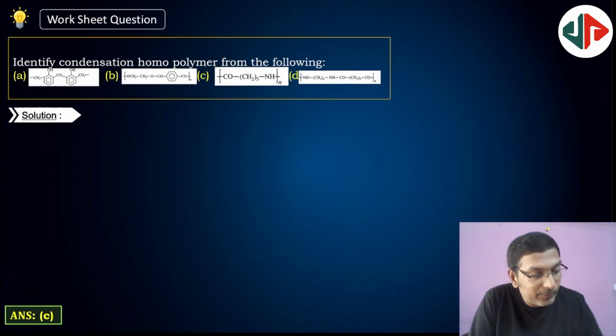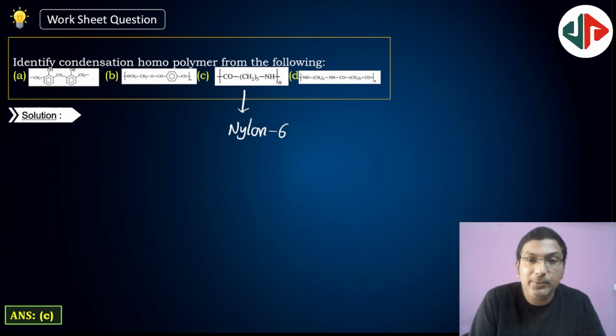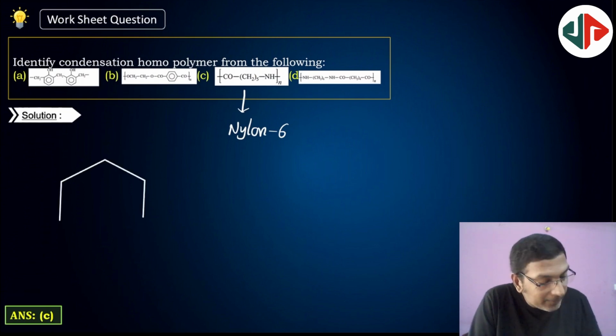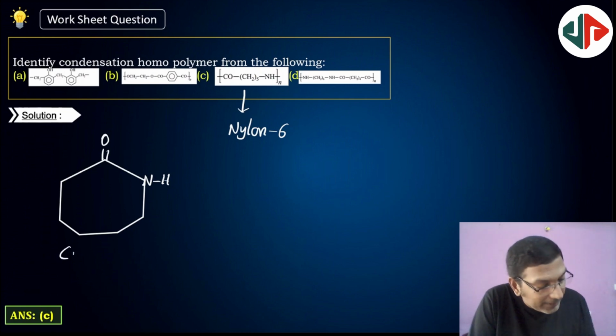Next. Identify the condensation polymer among the following. Condensation polymer. See here, the condensation polymer is nylon 6. Nylon 6 is a polymer of caprolactam, which is a very important compound. Here there is a double bond O and here NH. This is caprolactam.